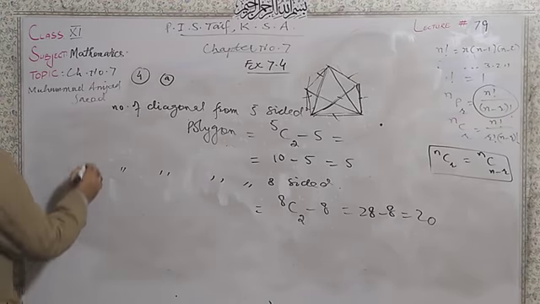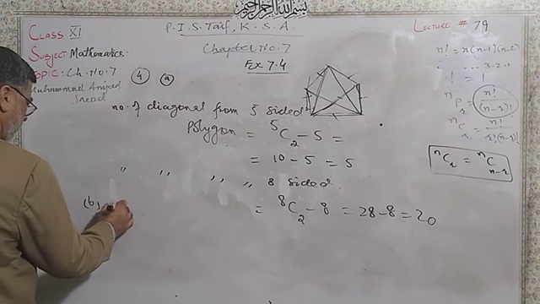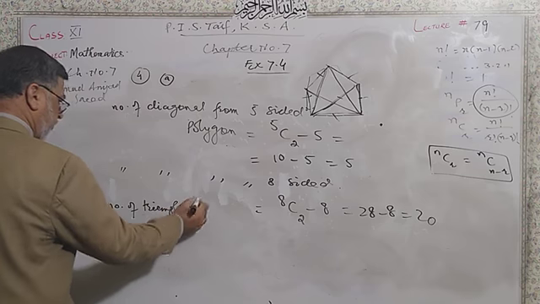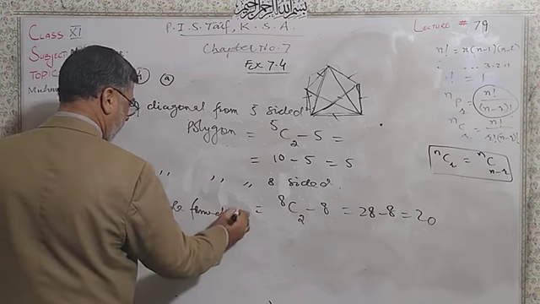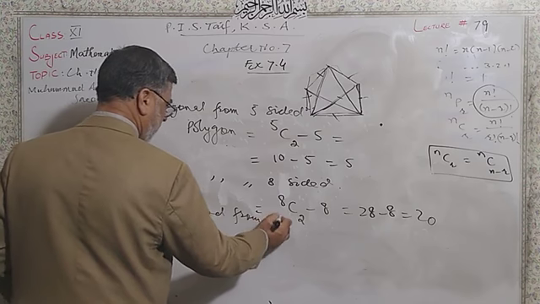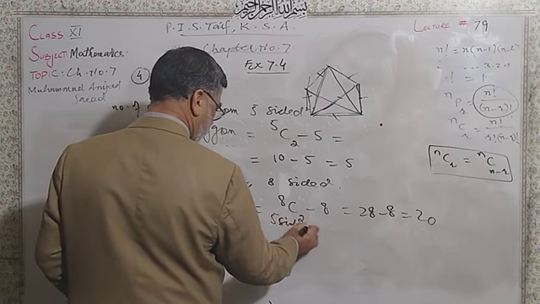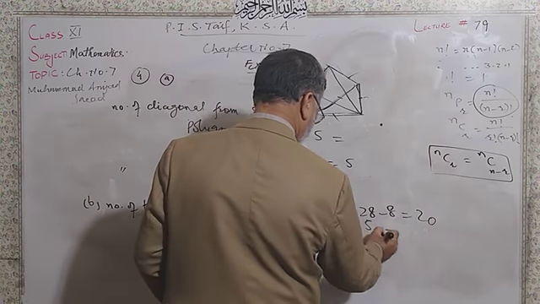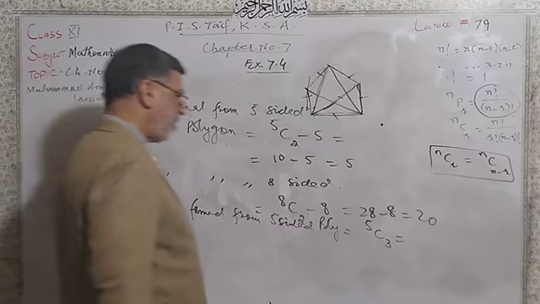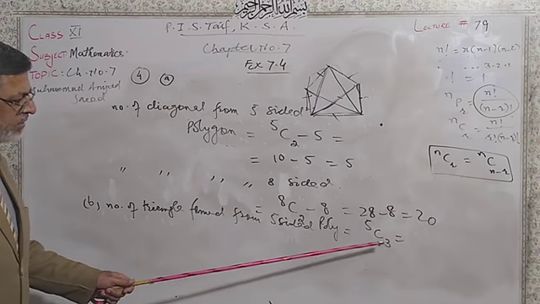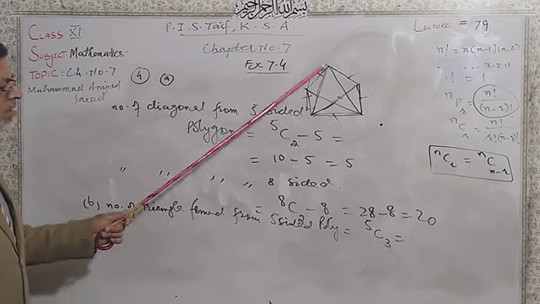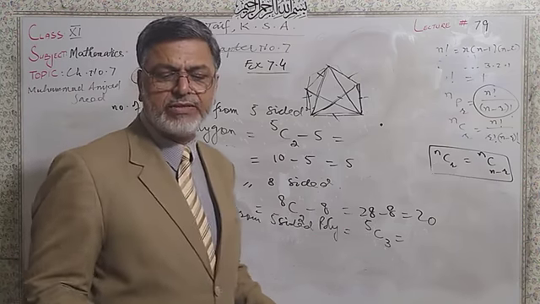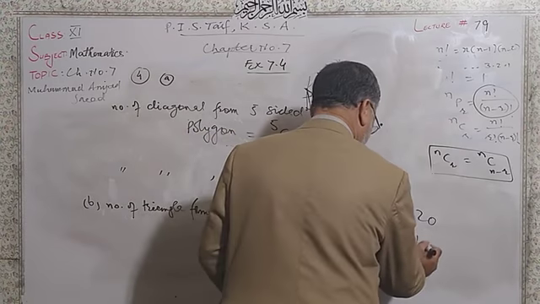That was part B: the number of triangles formed from a 5-sided polygon will be 5C3, because every time you take 3 sides to make a triangle out of a total of 5 sides. So this is 5C3, it will be 10.